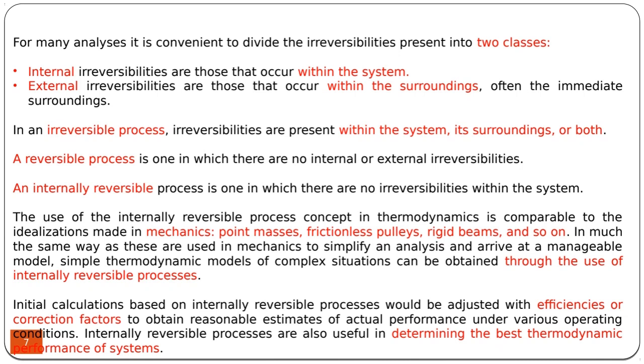There are two types of irreversibilities. One type is internal, which occur within the system. The other is external, which occur between the system and the surrounding. If there are no irreversibilities internally and externally, we call the system totally reversible.